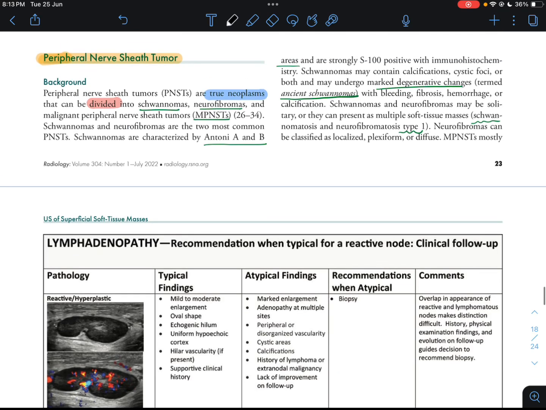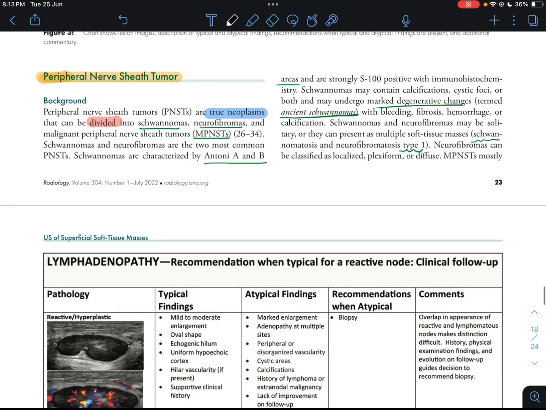Coming to peripheral nerve sheath tumors, these are true neoplasms, and they are divided into schwannomas, neurofibromas, and malignant peripheral nerve sheath tumors. We know that schwannomas contain Antoni A and Antoni B areas on histopathology, and they will be S100 positive on immunohistochemistry.